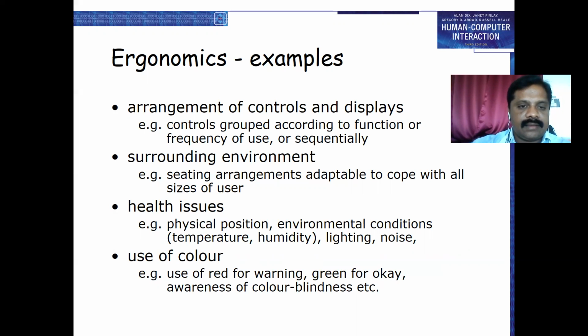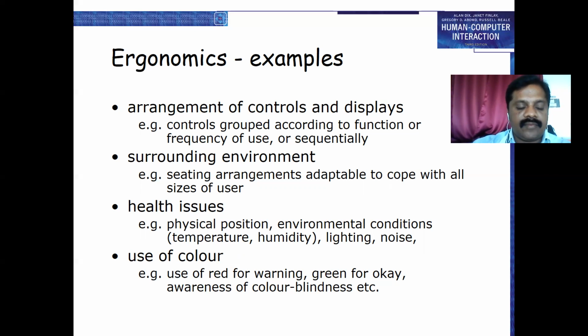Then the third example is health issues. Health issues mean physical position, environmental condition, lighting, and noise. If all these things are not good, then you cannot properly interact with others. Like physical position: how you are sitting, how your seat is allocated for you.